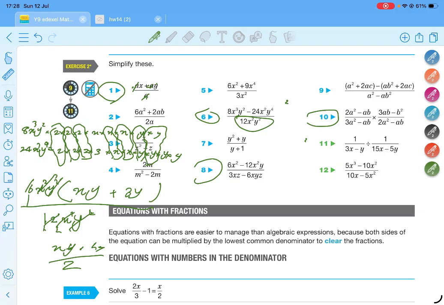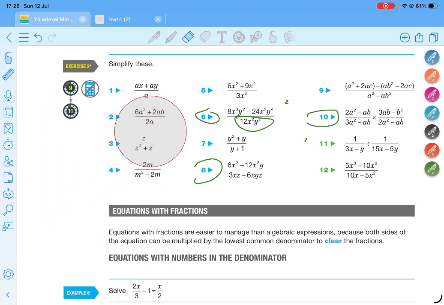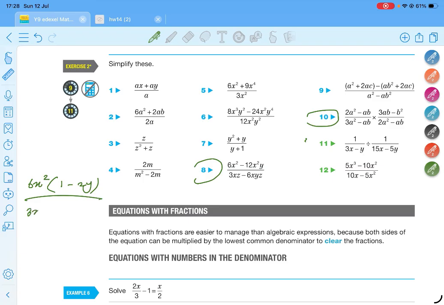Any question? No. Then we have this part, no? I can say 6 to the power 2 is common, no? I am taking out 1 minus 2y. In here 3x is common, right?